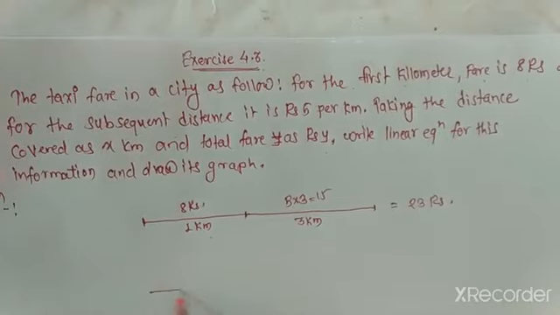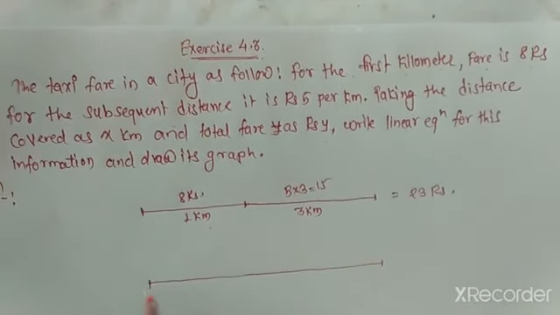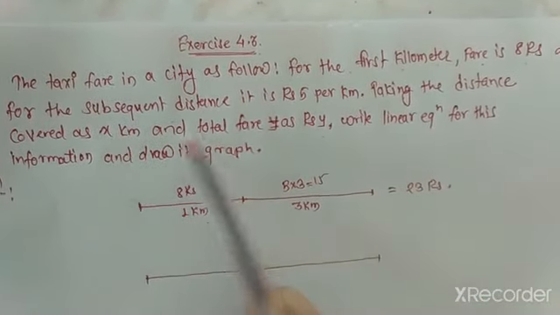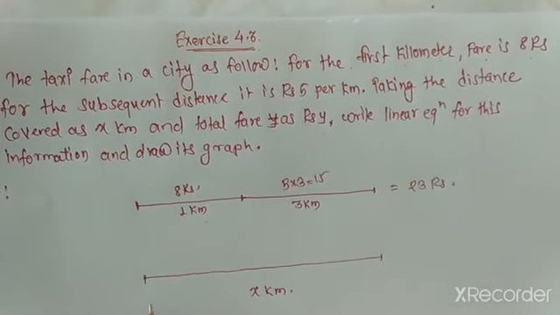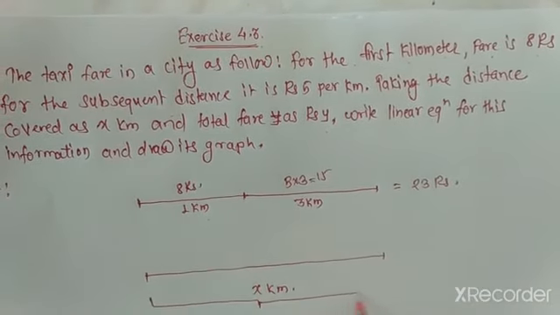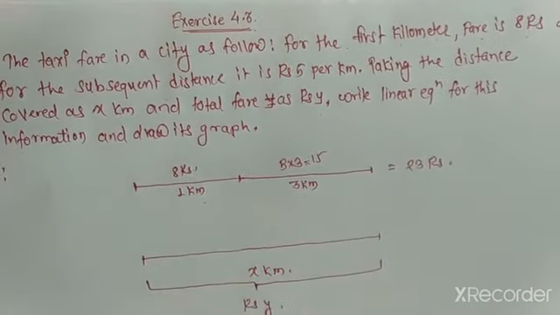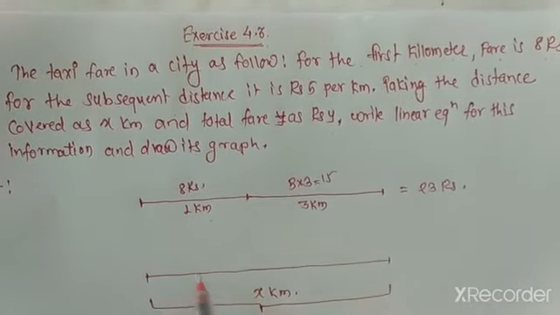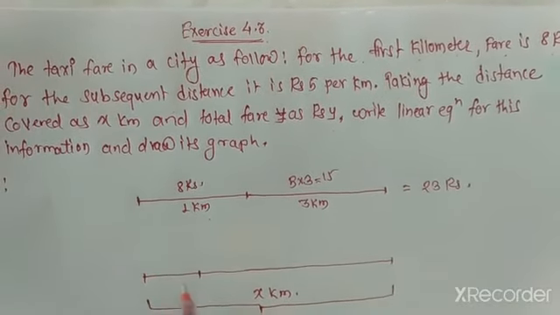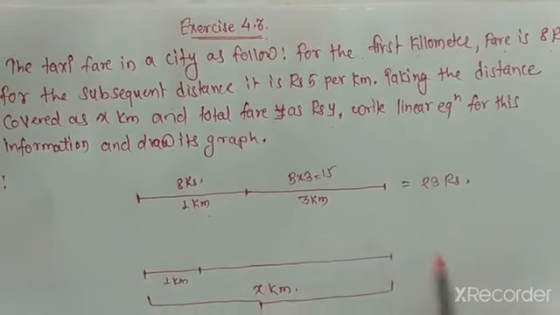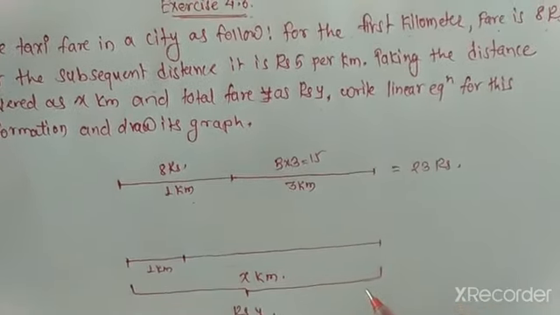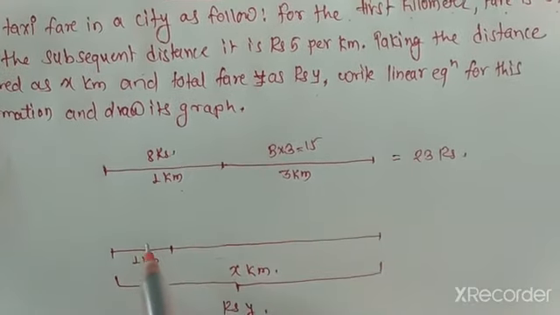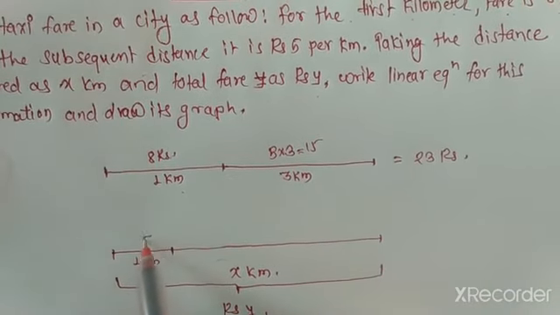But we want an equation taking the distance covered as x kilometers and the total fare as y, so the total fare for x kilometers is y rupees. We have to find the linear equation for this information. For the first kilometer it is 8 rupees, so it can be written as 5 plus 3.